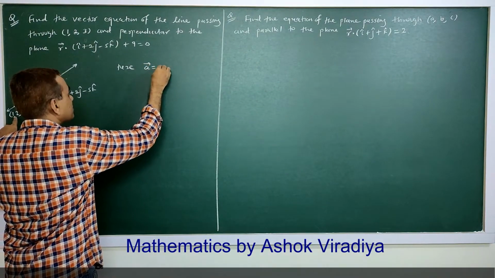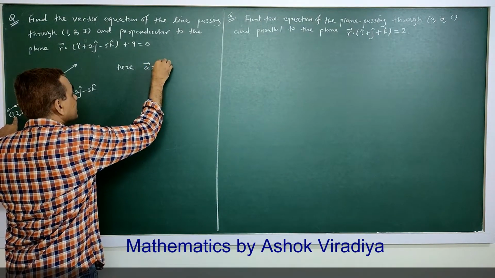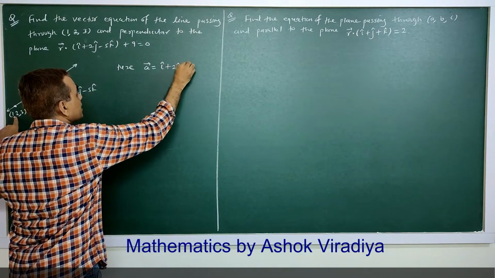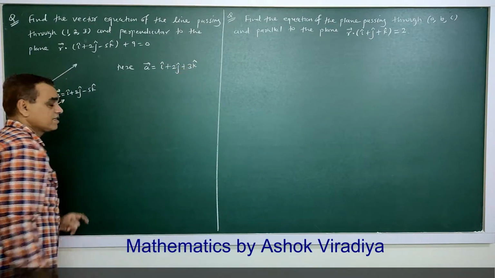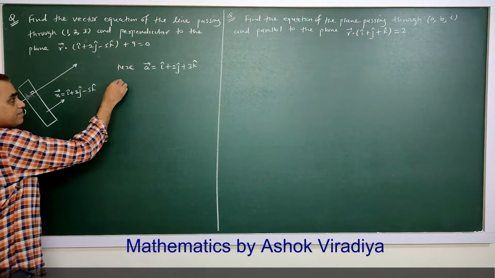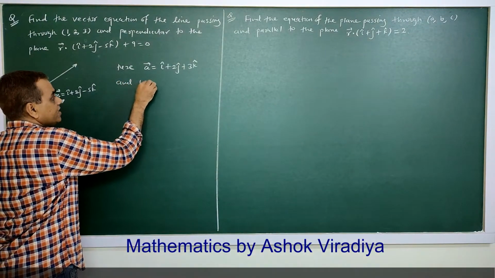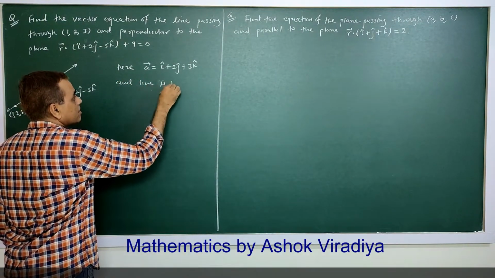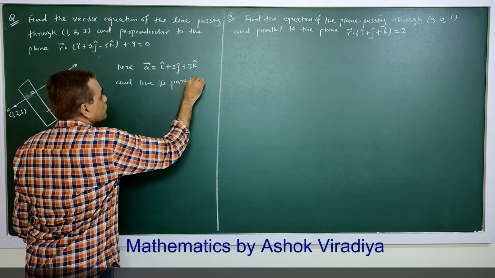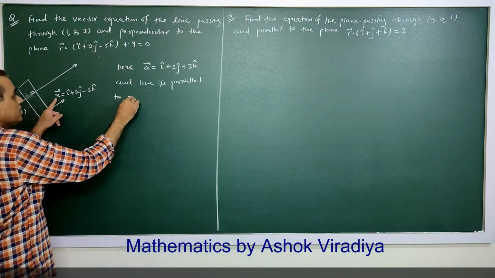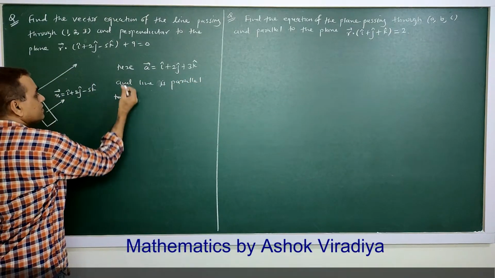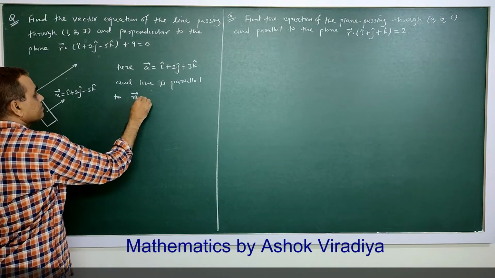The line is passing through this point, so vector A is 1i plus 2j plus 3k, and the line is parallel to this vector, which is normal to this plane.